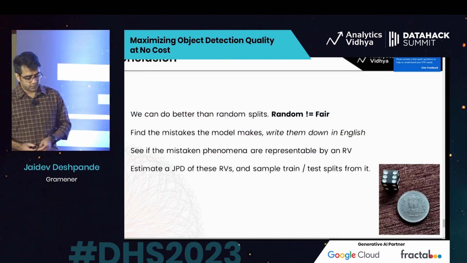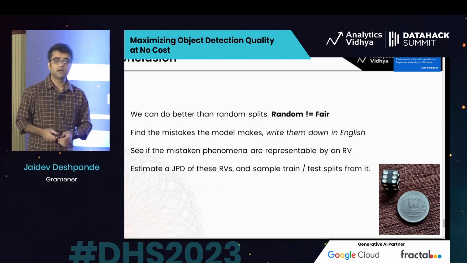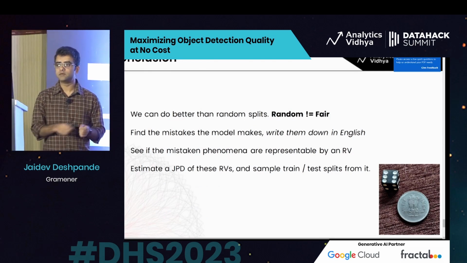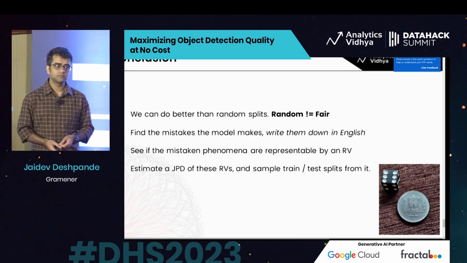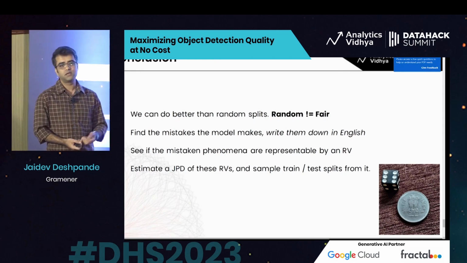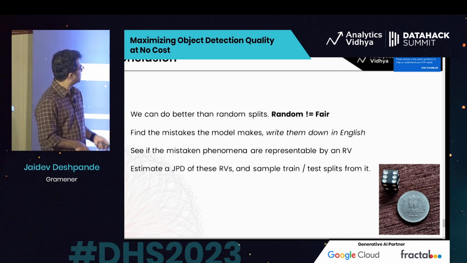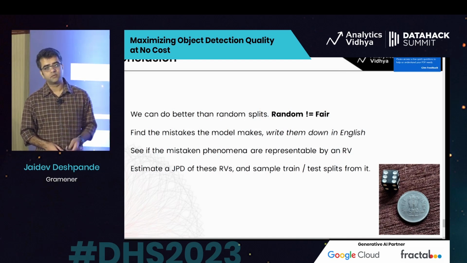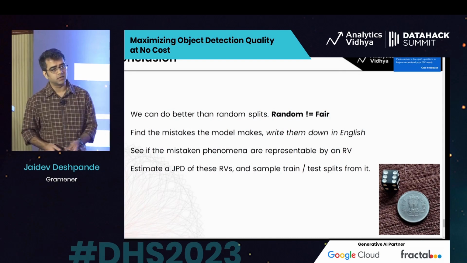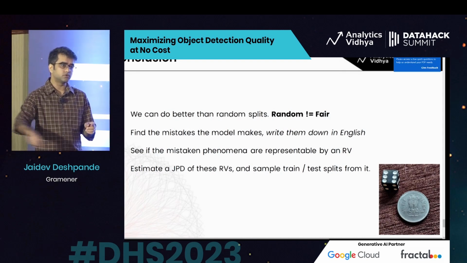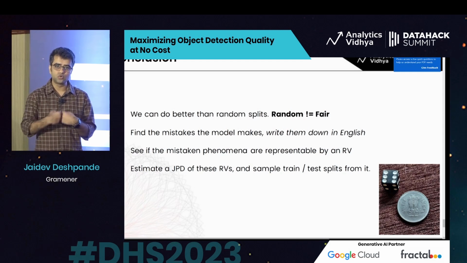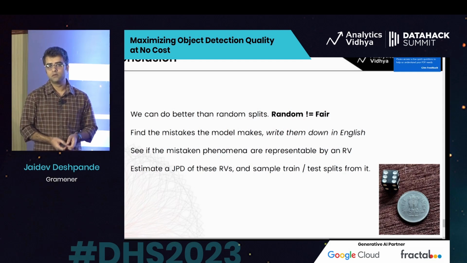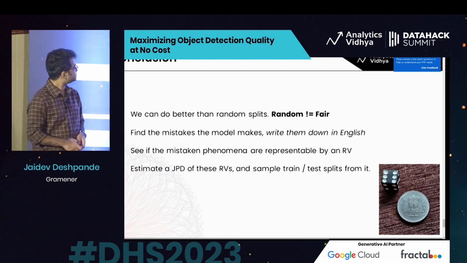So there we are. We know that we can do better than random splits. So random doesn't mean fair. But it may, but it has to be verified, right? Find the mistakes that the model makes, and the reason I say write them down in English is that when you do that, that's when you start getting hints of how you could model them for stratification further.